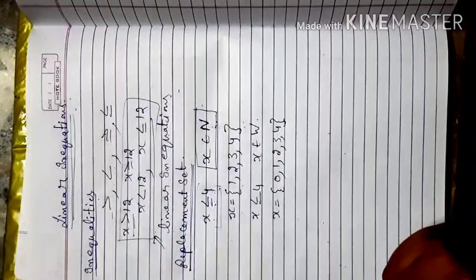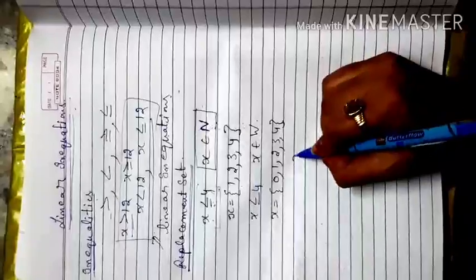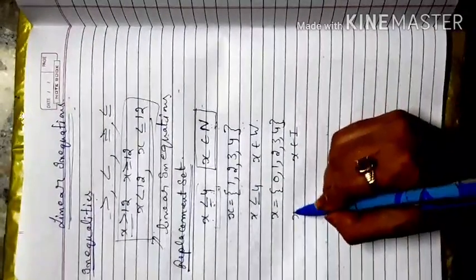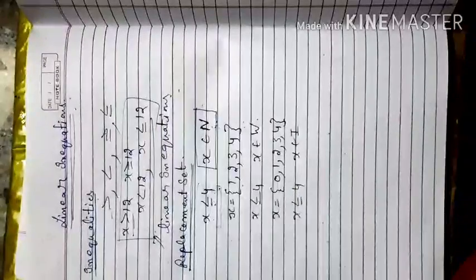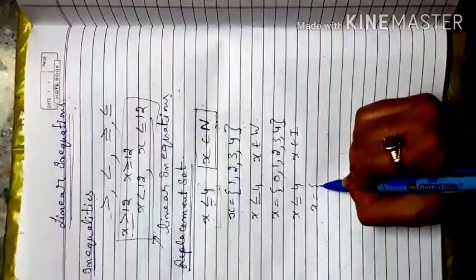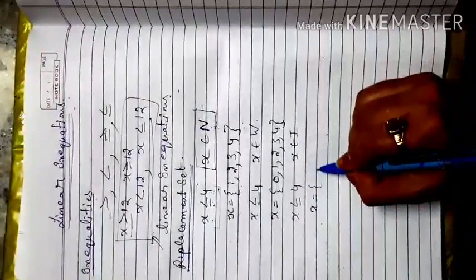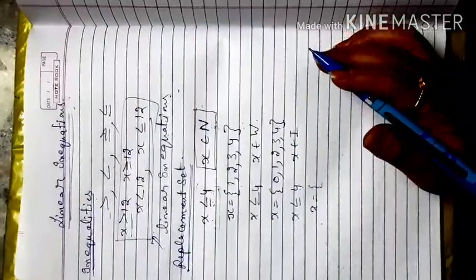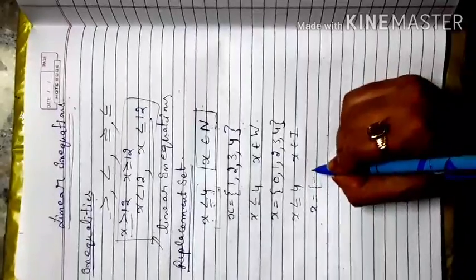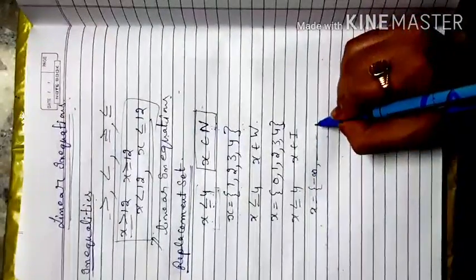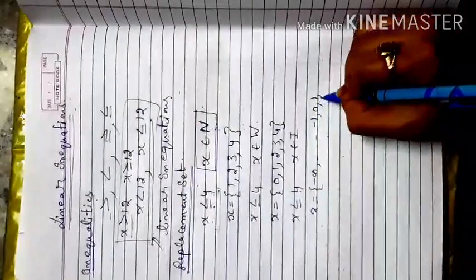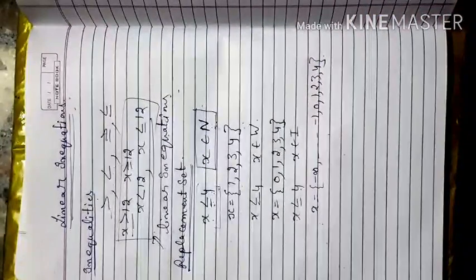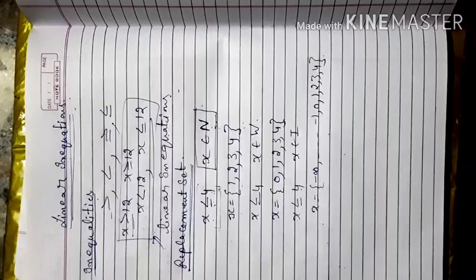If it is written x belongs to integers, represented by I or Z, and the same condition x less than or equal to 4 is given, then your solution set will include all the negative numbers too: minus infinity, then minus 1, 0, 1, 2, 3, 4.